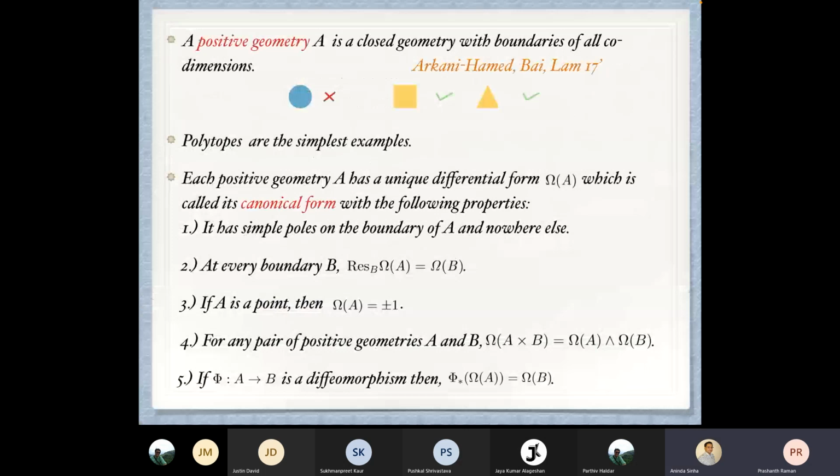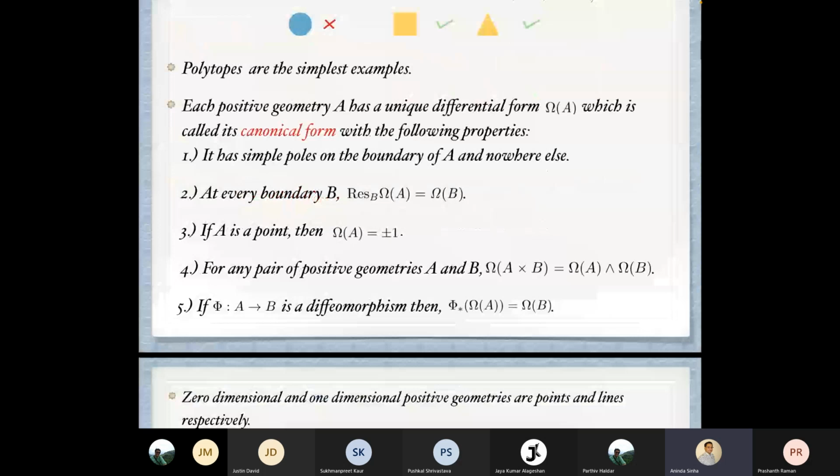Okay. And are you going to define positive geometry more, or is that all that you're going to say on this slide? No, that's all I'm going to say for now. It can be made very precise by introducing more definitions, but I will not do that. For now, this much is enough. Okay, and just to clarify, the notion of positive geometry is not a basis dependent notion?